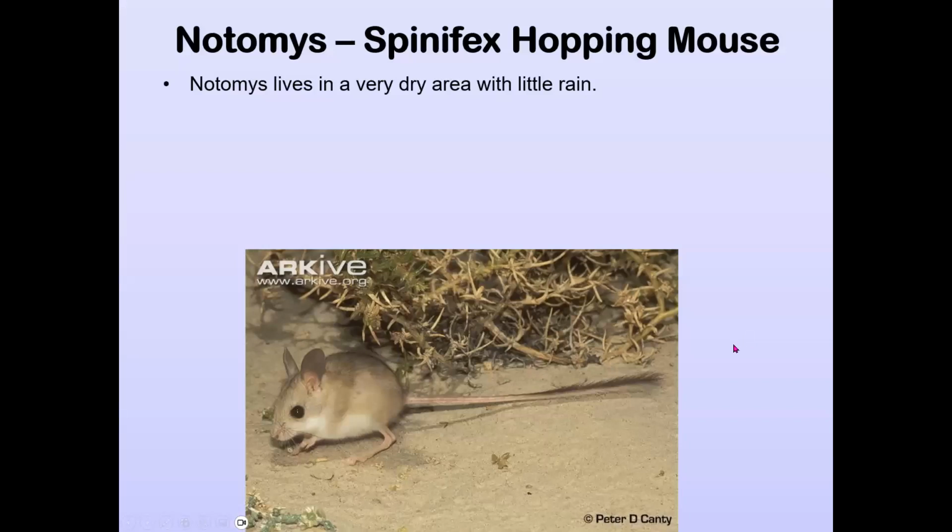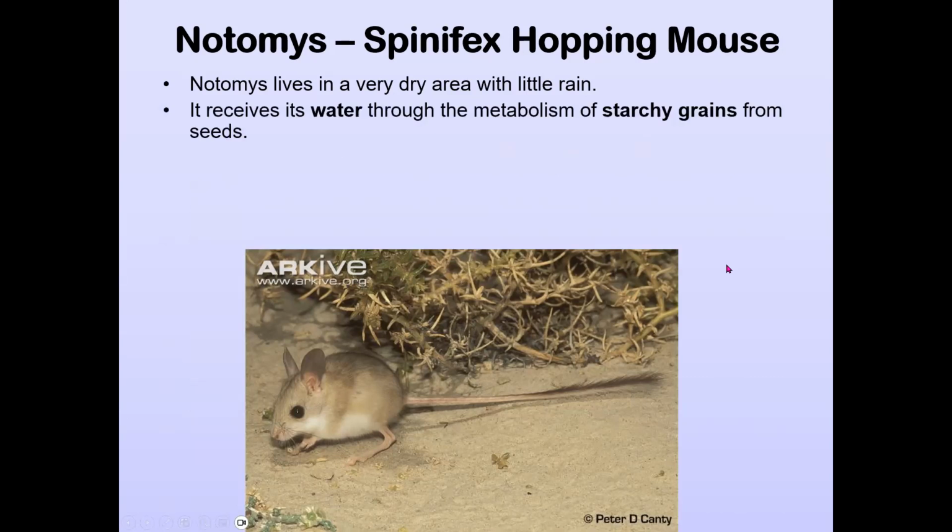Now, Notomys is also called the Spinifex hopping mouse, and it's an Australian. It's very active during parts of the day, and it lives in a dry area with very little rain.